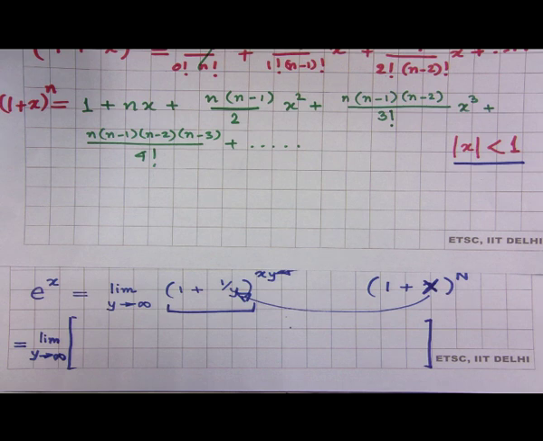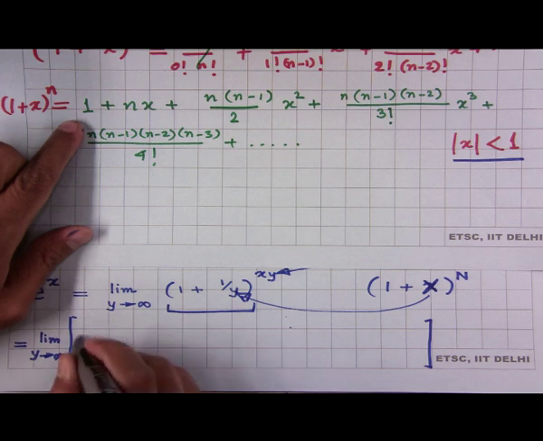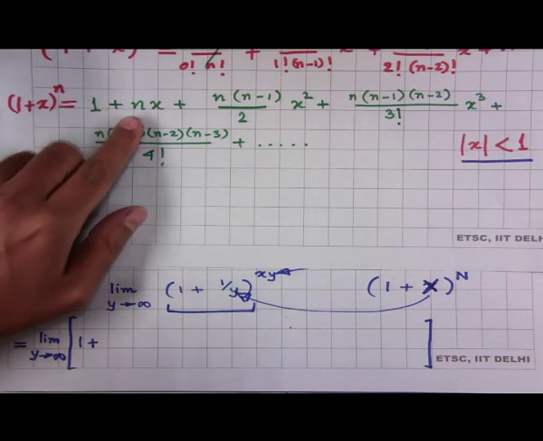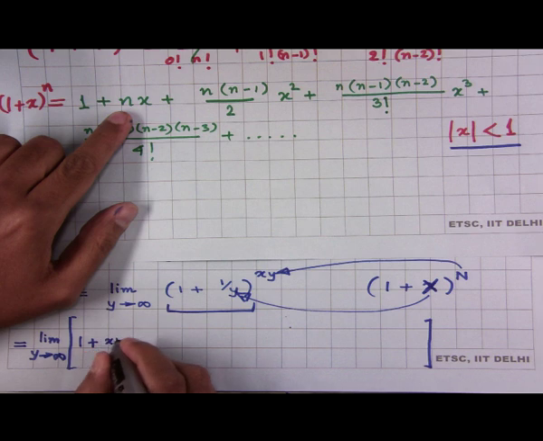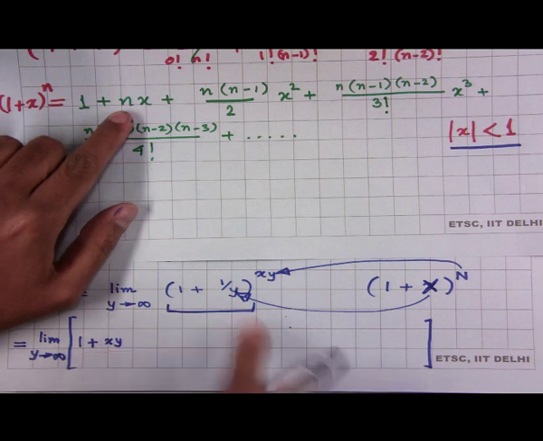And of course, limit y tends to infinity remains. So, the first is 1, next is n times x, where n is x y and x is 1 by y.